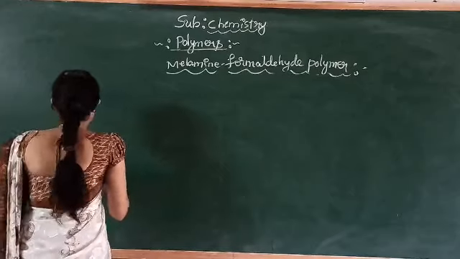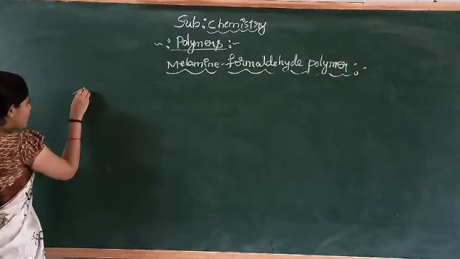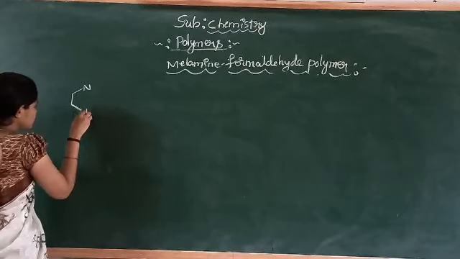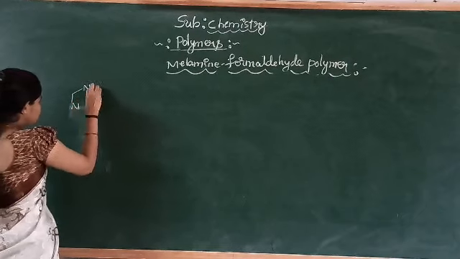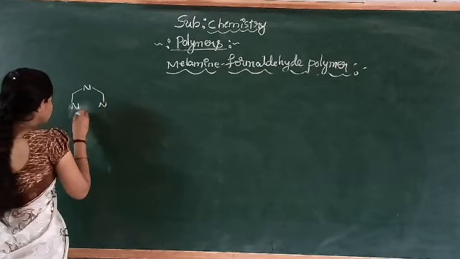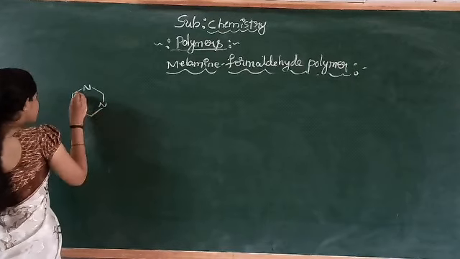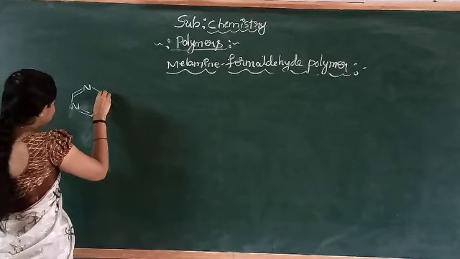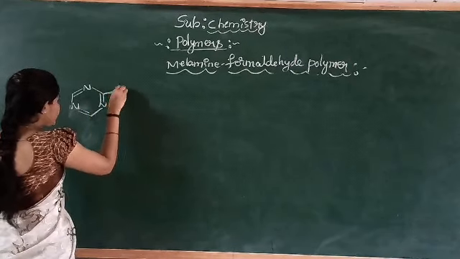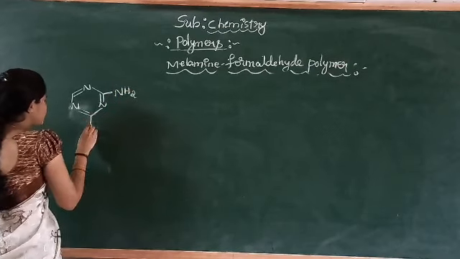First, I will write the structure of melamine. So this is the structure of melamine. Here we have NH2 groups.